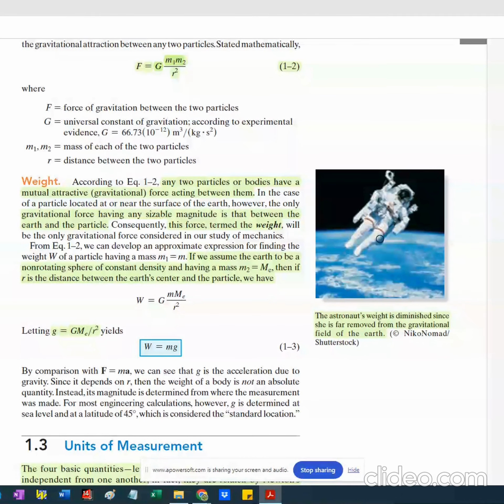So in order for satellites, like the International Space Station, to remain in orbit, it has to have a tangential velocity. It has to move around the Earth at a certain speed. If that speed is decreased, the space station is deorbiting, and it falls back on the Earth.